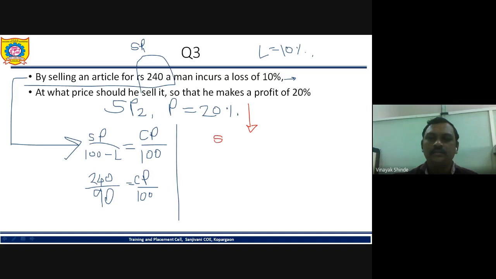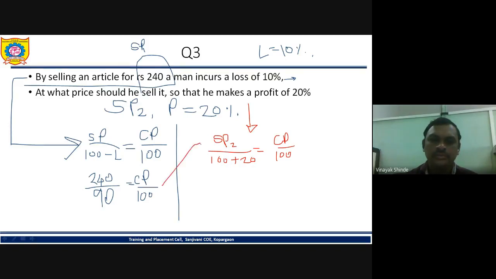Again, selling price 2, that is a case of profit. So it is 100 plus profit. So 100 plus 20 is equal to the same cost price by 100. Okay. Now everything is given on the board.